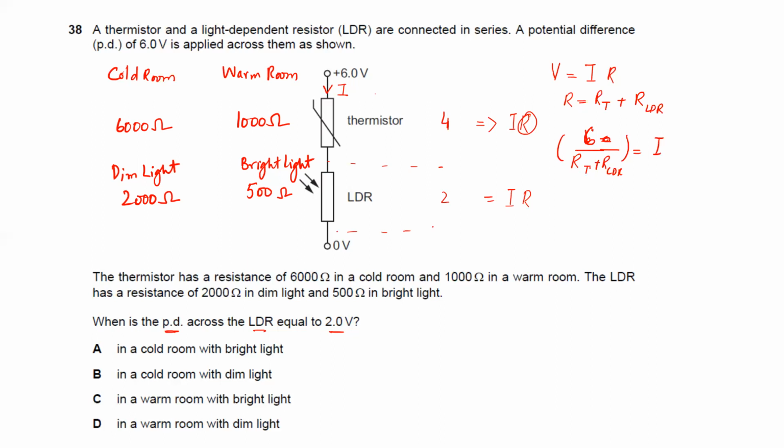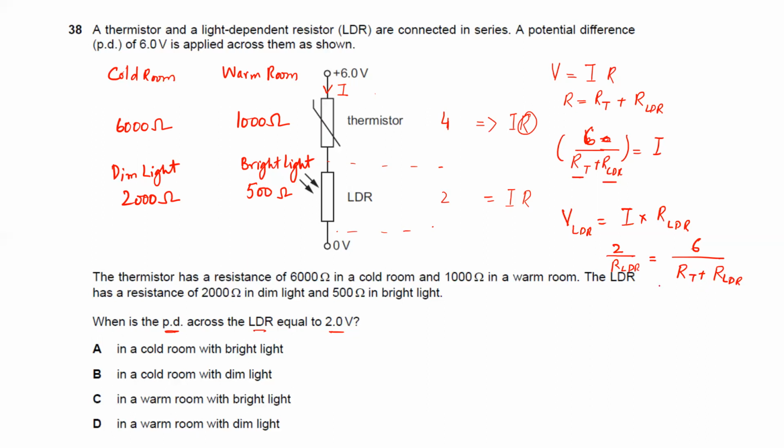So now I have to select a combination of RT and R LDR that gives me 2 volts across the LDR. So V LDR is equal to I multiplied by R LDR. This is 2 volts divided by R LDR, and I is equal to 6 divided by R T plus R LDR.